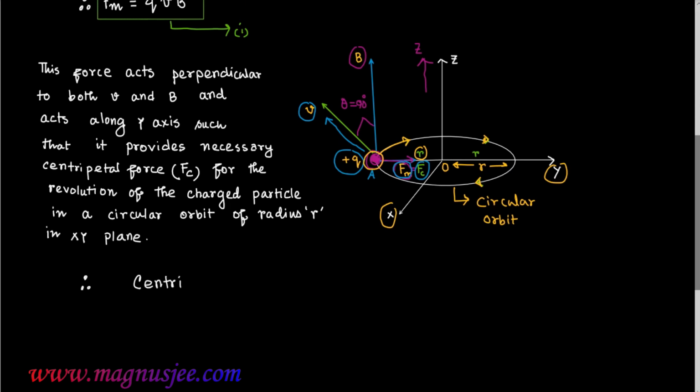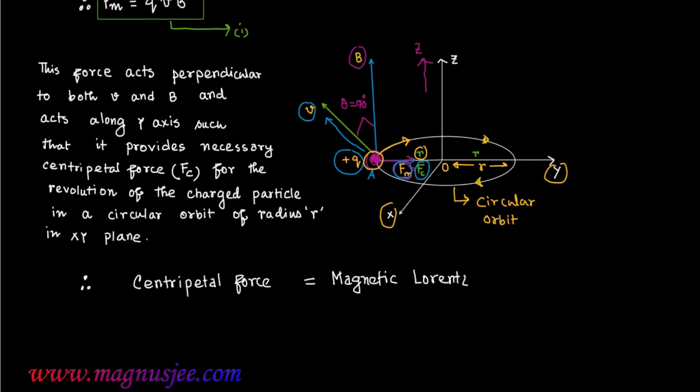Therefore, the centripetal force is equal to the magnetic Lorentz force. Centripetal force required for the revolution of the charged particle in circular orbit will be equal to the magnetic Lorentz force, or Fc equal Fm, or mv square by r equal qvb.